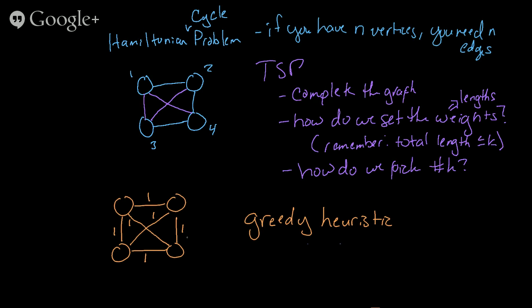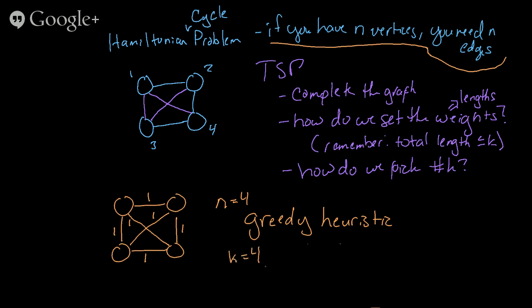I hope you can answer that without even looking at the path that you would want to take. Because remember, if you have n vertices, you need n edges, right? So if each edge is weighted 1, and you know that you need at least n of them, and we have n equals 4 here, we have 4 vertices, and we know that each edge is equal to 1, and we need at least 4 of them, then we know that our k is going to equal 4.